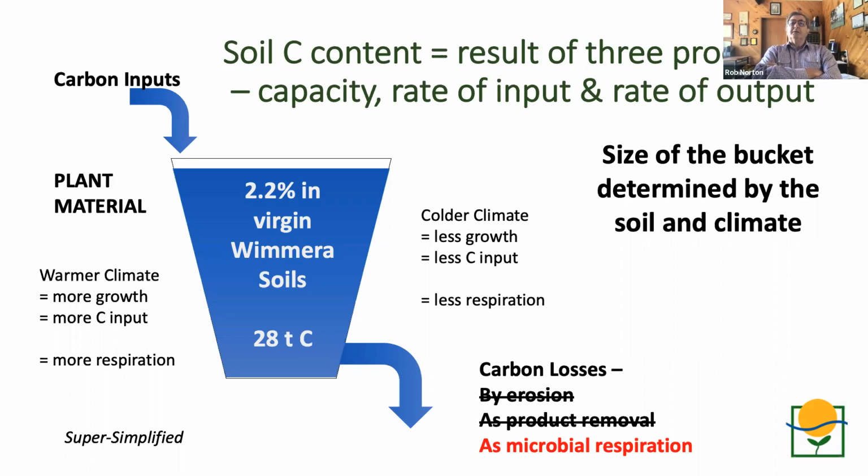If it's a colder climate, we get less growth, less carbon input, less respiration. So that turnover there is pretty much in balance with what's coming in and what's being respired out over the years. And it can't get much higher than that simply because if more carbon goes in, the bugs start to metabolize it.